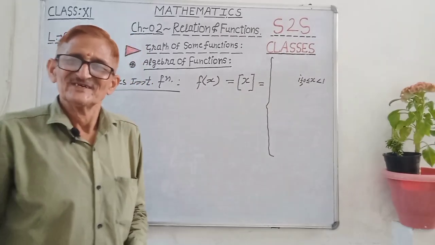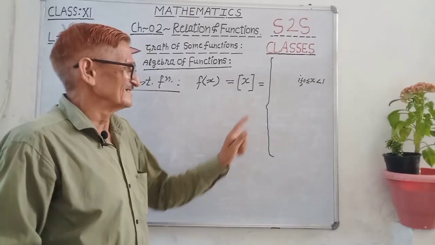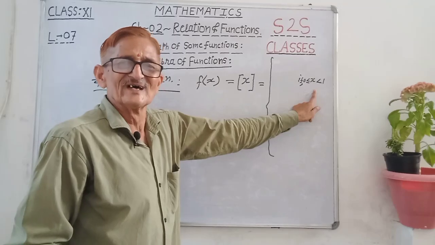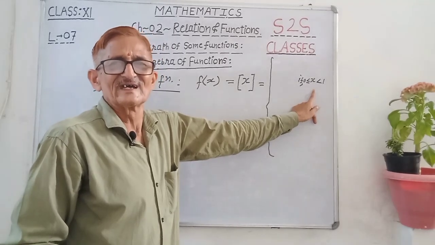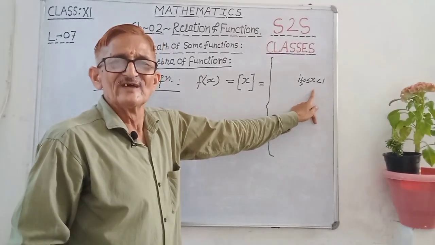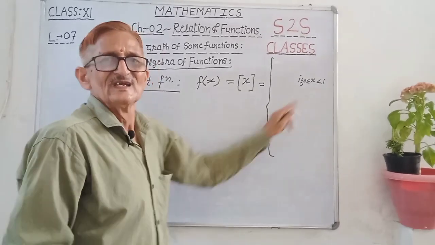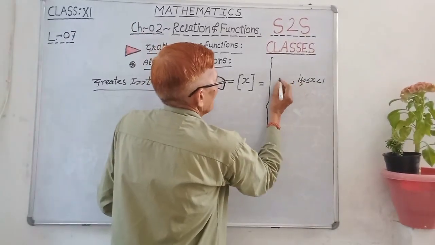Infinite real numbers. So for every x greater than or equal to 0 and less than 1, infinite real numbers x are here. For every x between these, the value is 0. This is the definition.